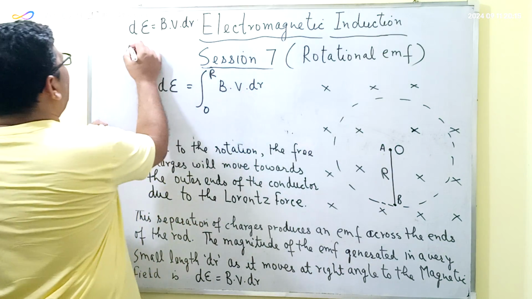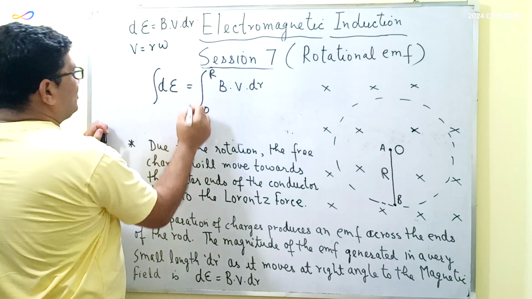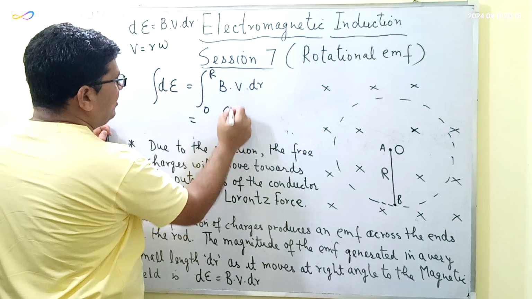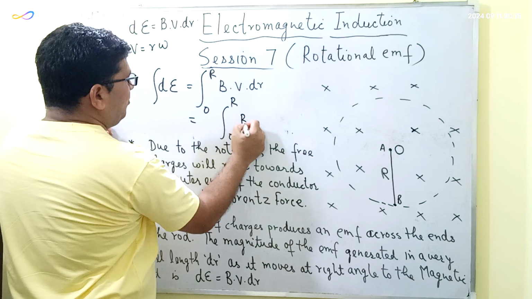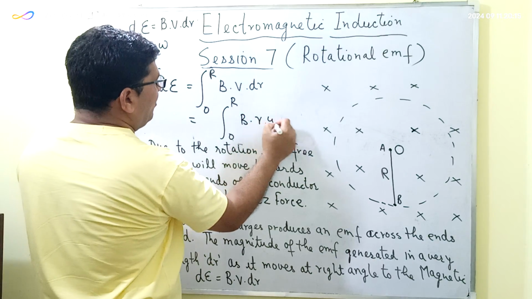Now we know that V is equal to R omega. So this equation can be further written as B into R into omega into dr.